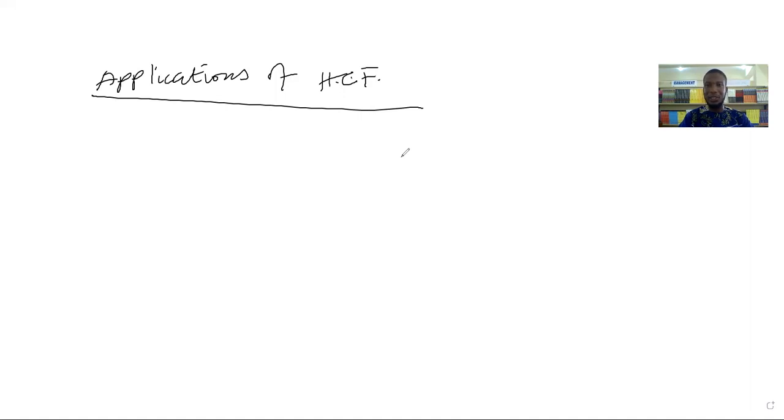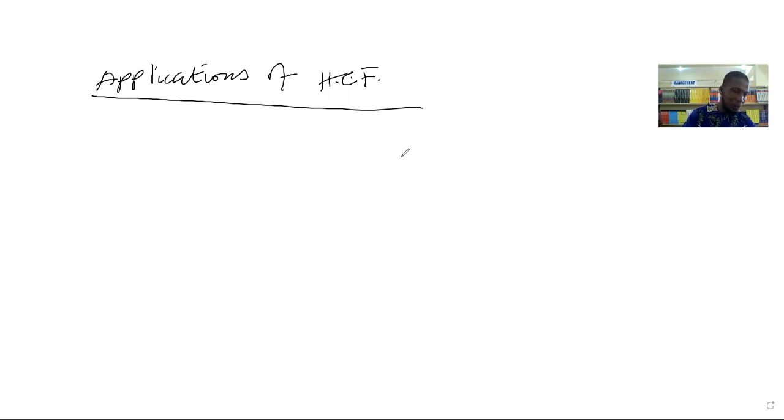When you find the H.C.F of all those numbers, it means that you can form groups of that number from all the classes without anyone left. That means that each group should contain that number of members.